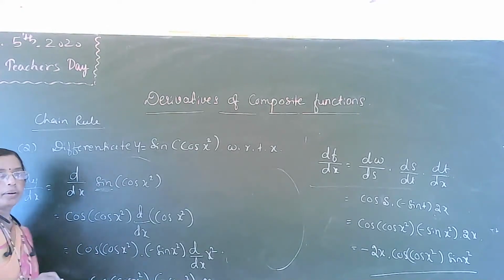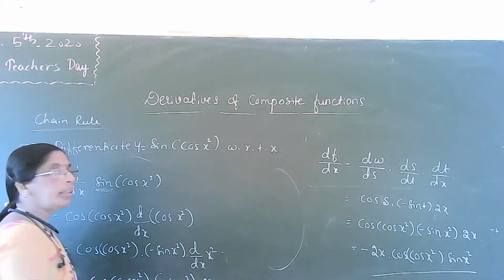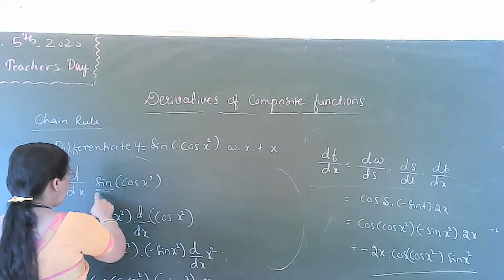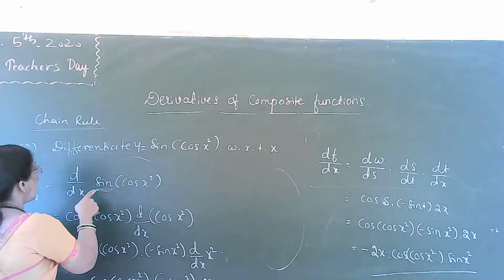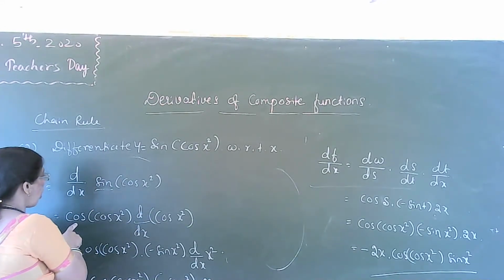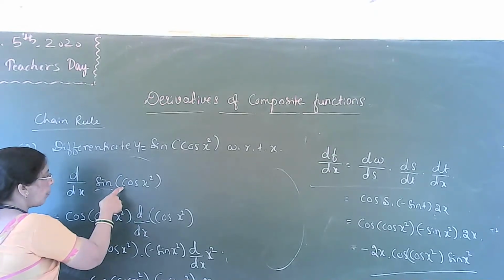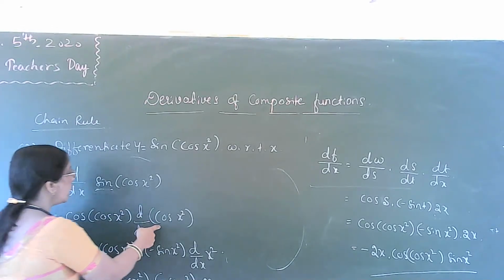Therefore, we can find that this is a very simple method for finding the derivatives of all the functions. Here, find the derivative of sin of cos x square first, then cos of cos x square, and find the derivative of again cos of x square.